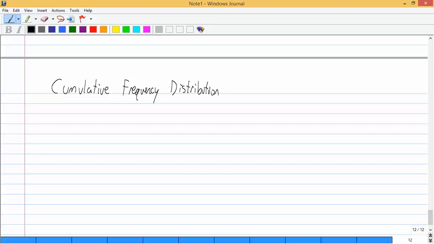If something is cumulative, that means the sum of the frequency of a particular class.